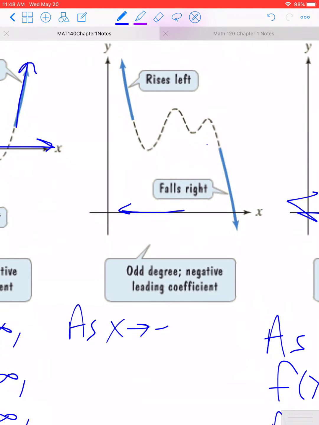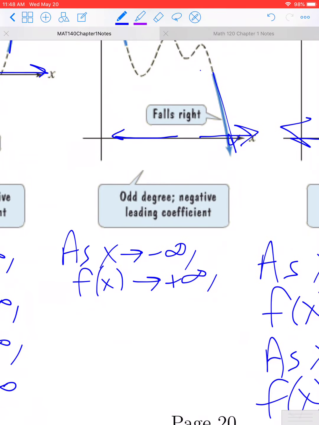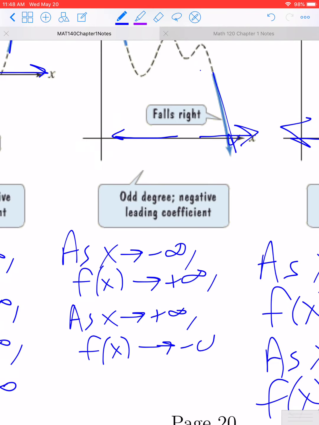So when x is approaching negative infinity, the function values are approaching positive infinity. And when x approaches positive infinity, the graph is going down, so f of x is going to approach negative infinity.